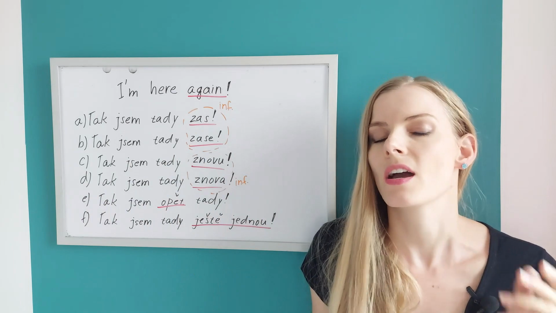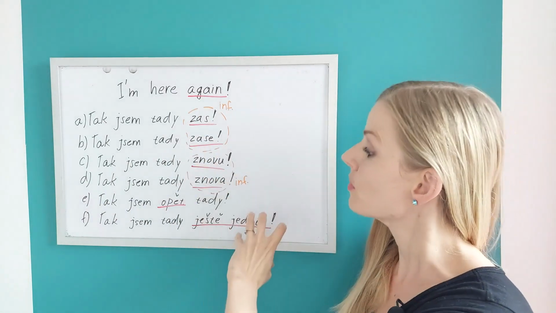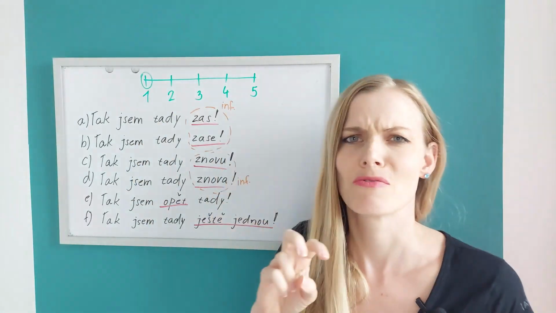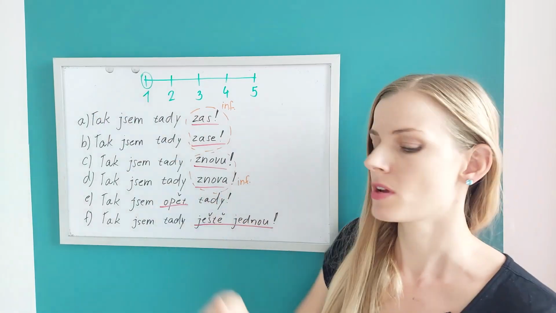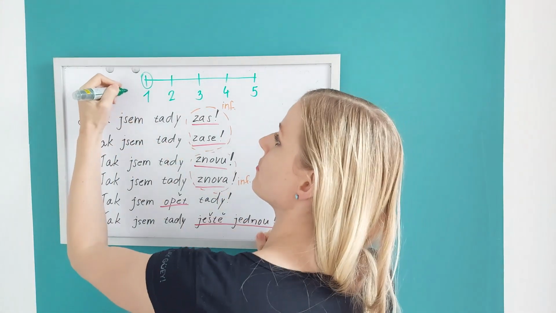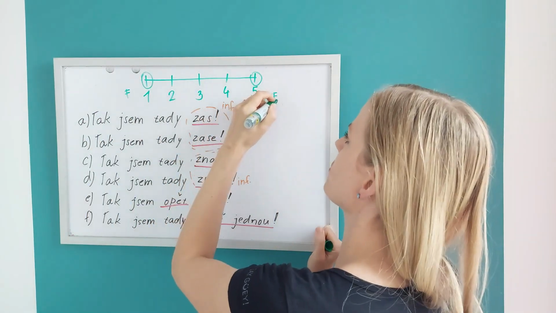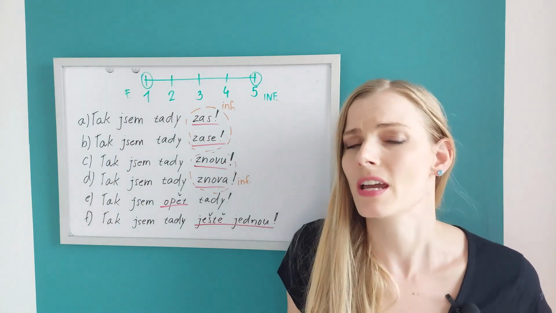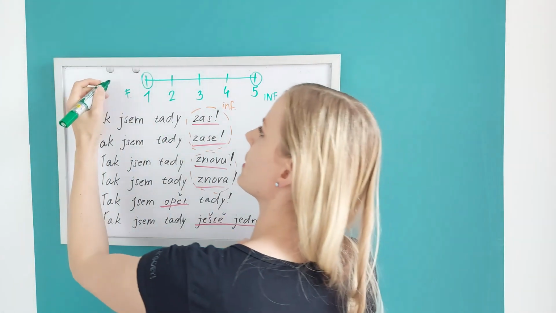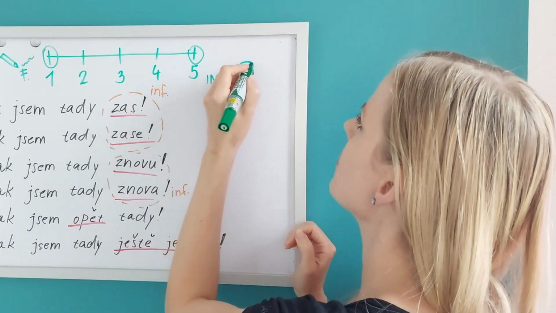So as I said, I would like you to first understand which words are formal and which are not formal. So imagine this scale of formality, and it has 5 levels. Number 1 means the word is very formal, and number 5 means the word is the most informal. By formal, I mean that we would rather write it than say it. So I will draw a pen here, and then the informal use means it's mostly spoken.